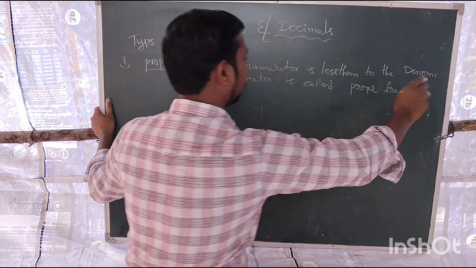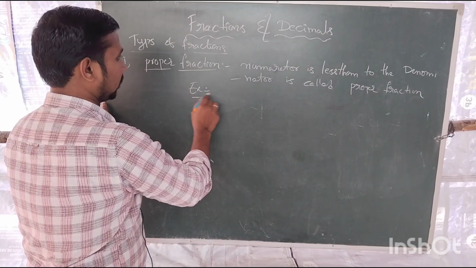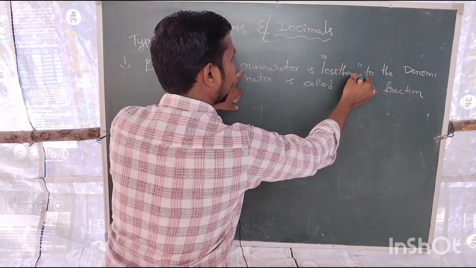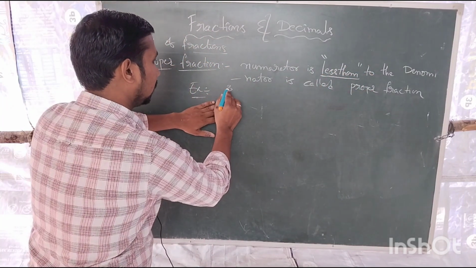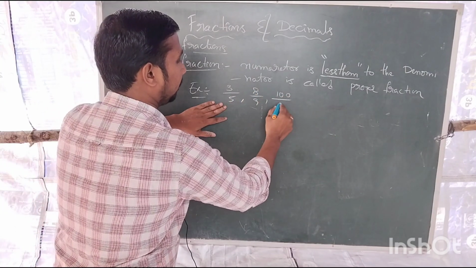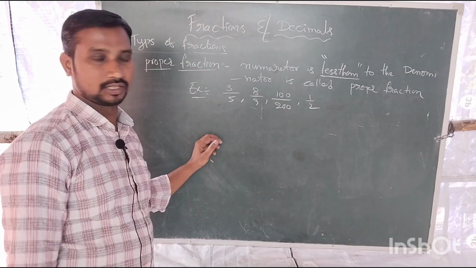It is the definition for proper fraction. What are the examples for proper fraction? Numerator is less than. Remember this word, less than, means 3 by 5, 8 by 9, 100 by 200, like that only. 1 by 2 also.